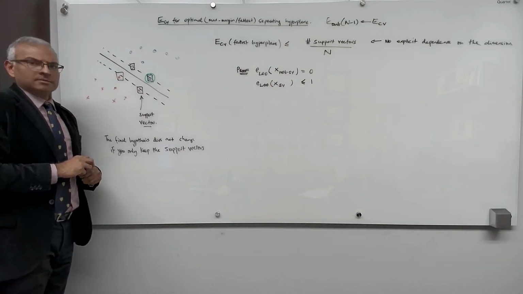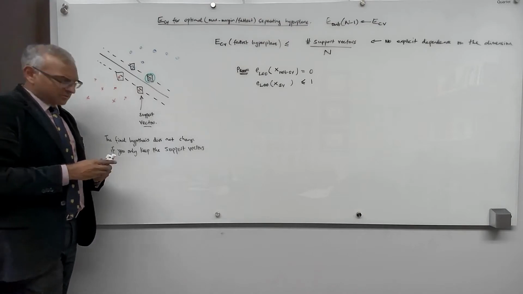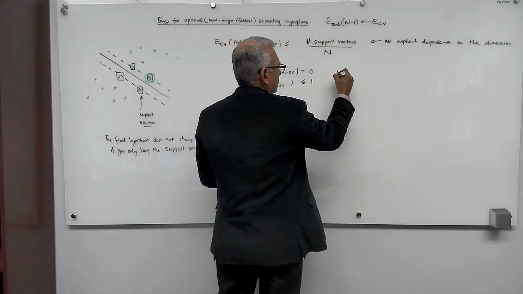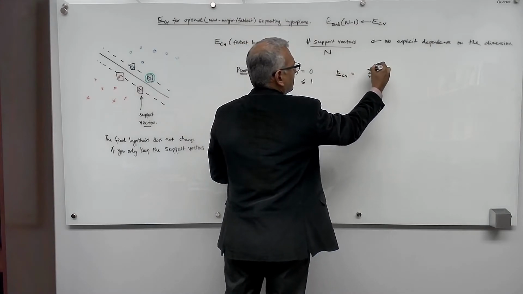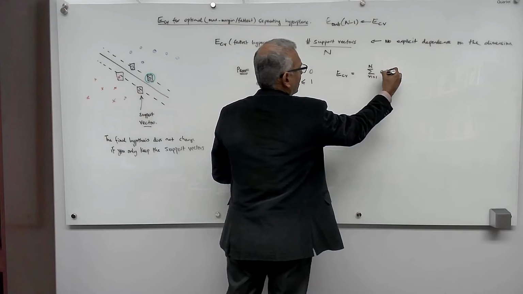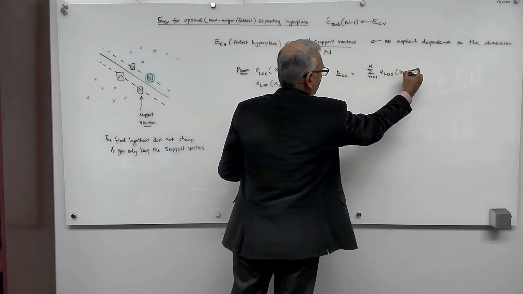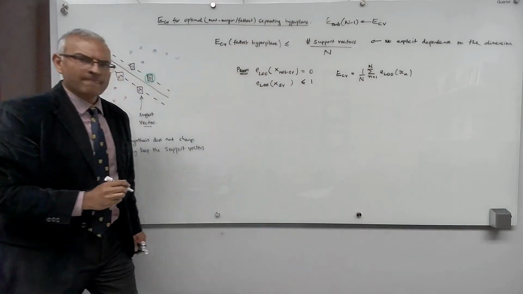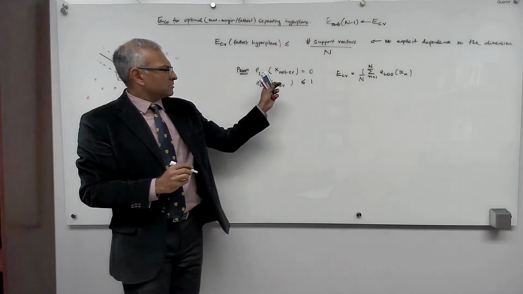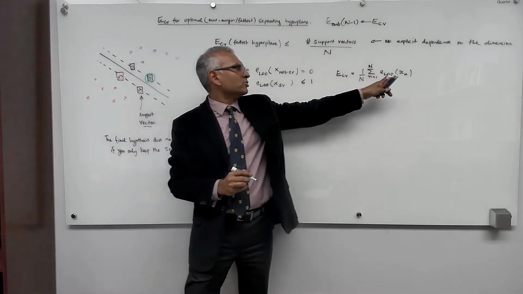And so let's see what the cross-validation error is. The cross-validation error, E_CV, is equal to the sum over your data points, little n equals 1 to big N, of the leave one out error for when data point x_n is left out, and we take the average. Now, the non-support vectors contribute nothing to this.